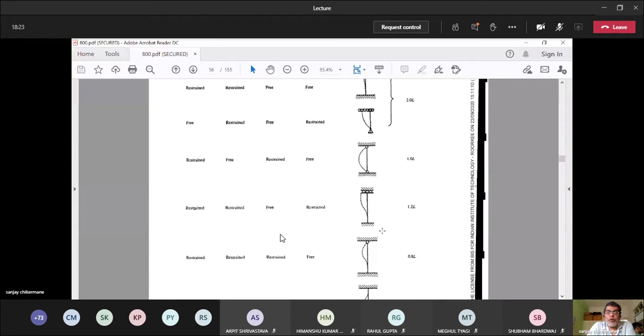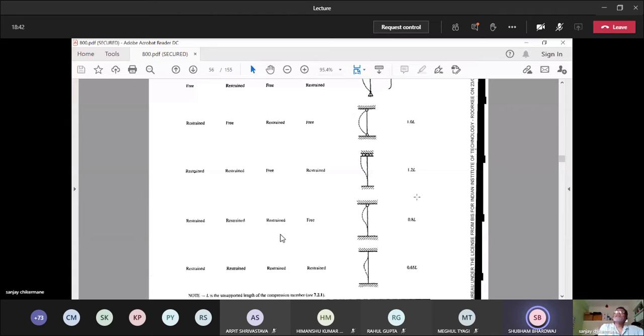And figure 4 is a sway at the top and a restraint at the bottom. I'm sorry, sway at the top. It is sway.